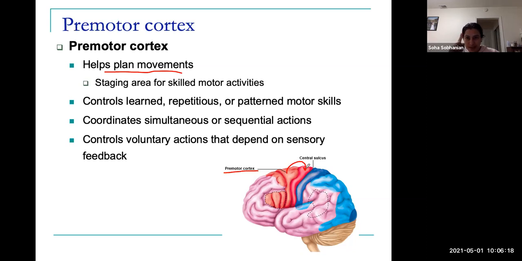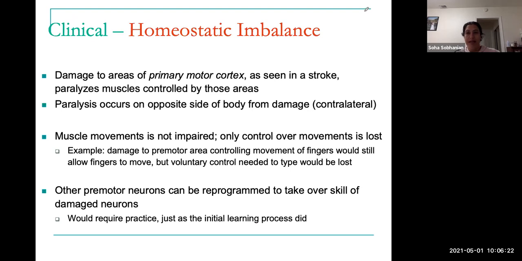So here's the thing, guys. Pay attention to this very carefully. If a person damages their primary motor cortex, which is the ruby red part, the first part I talked about, as seen in a stroke, the muscles are typically paralyzed on those areas. Sounds logical, right? The stroke, opposite part of the body gets paralyzed.